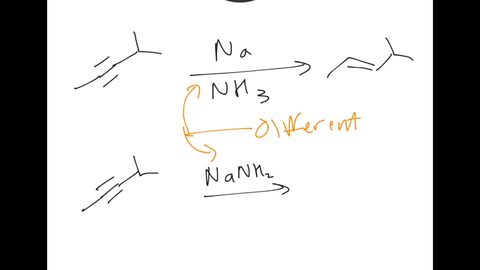One of them will do nothing. So make sure you don't confuse them when you are looking at your reagents. One is NaNH2, and one is Na slash NH3, sodium with ammonia, as opposed to NaNH2. Make sure you don't confuse them, because people will confuse them a lot, and then there'll be a bad section on the test where they've just mixed up two reagents in their head and they just ruin their lives. I don't want that for you.